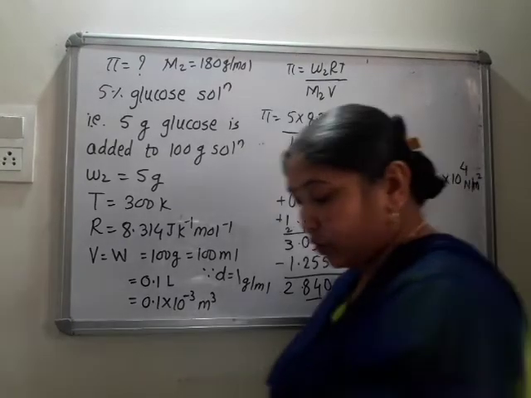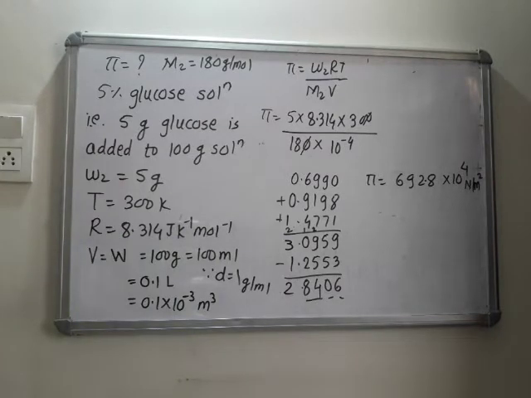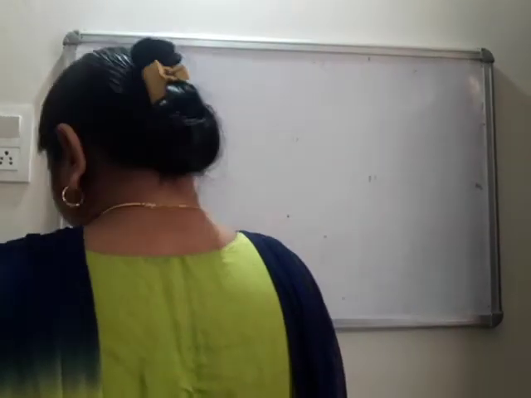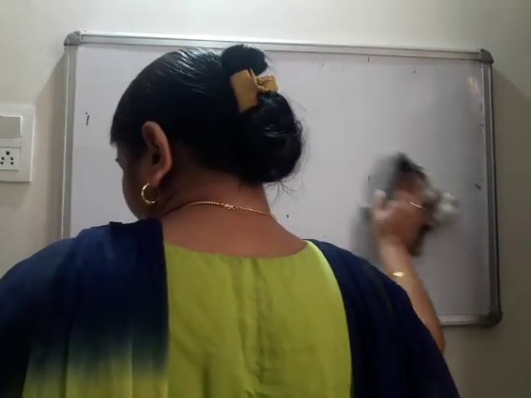Next question. A 2 dm cube solution containing 17.2 gram urea is found to be isotonic with 5% solution of non-volatile solute.